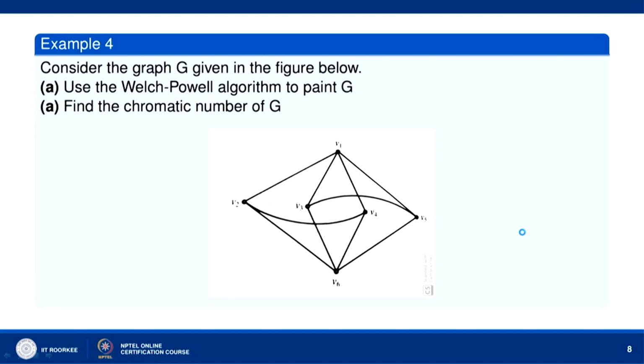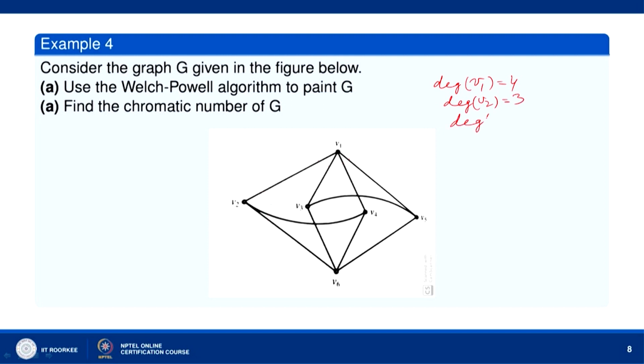Now, let us consider this graph. Let us see what is the degree of B1. We have B1, B2, B3, B4, B5, B6. Degree of B1: 1, 2, 3, 4. Degree of B2: 1, 2, 3.